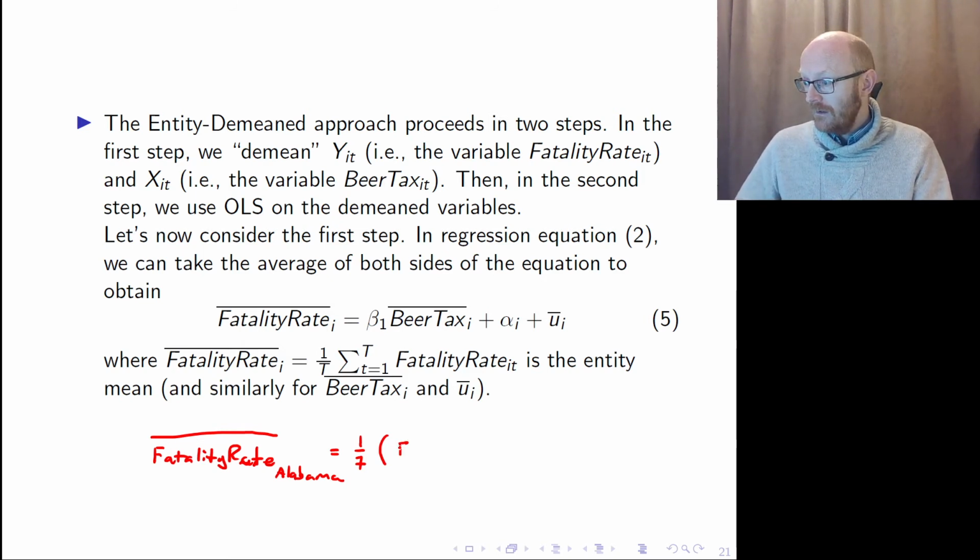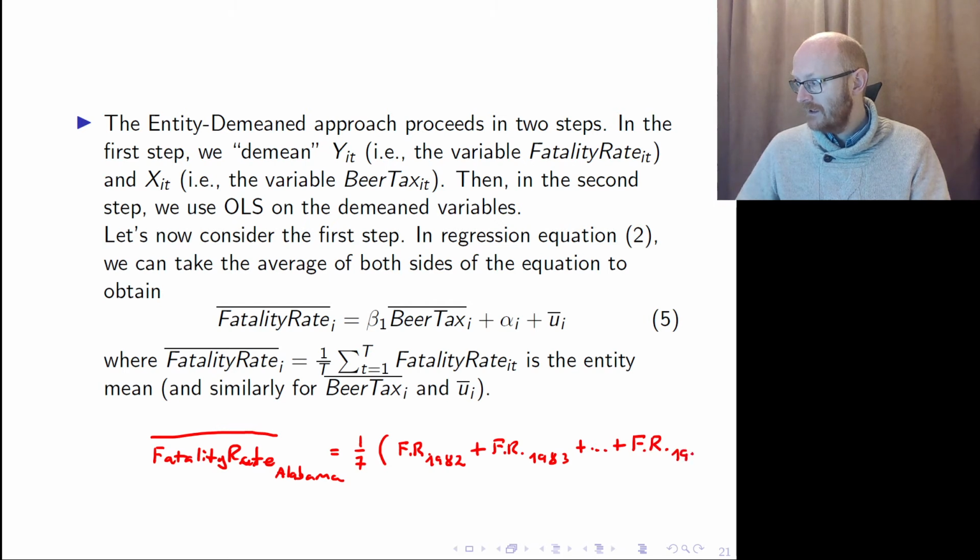Would be the fatality rate for 1982 plus fatality rate in 1983, and so on, until fatality rate in 1988, right?